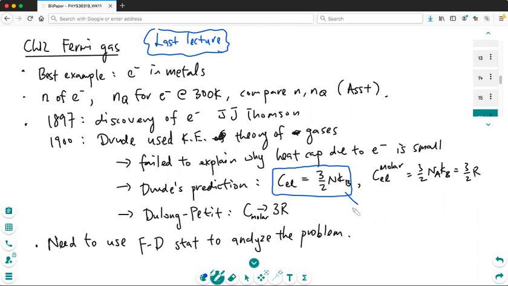If you just follow Drude and use this treatment, really copy and paste from the physics of gas, you write down this. And the problem is such a huge heat capacity due to electrons is never observed. This is too large, and never seen in experiment.